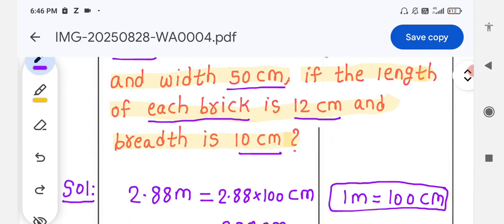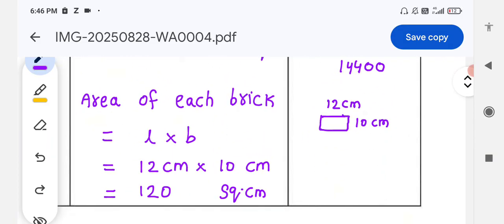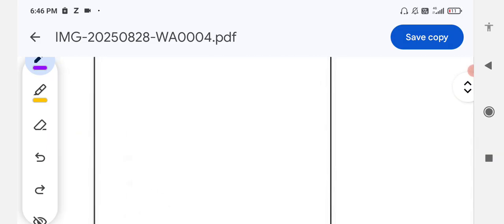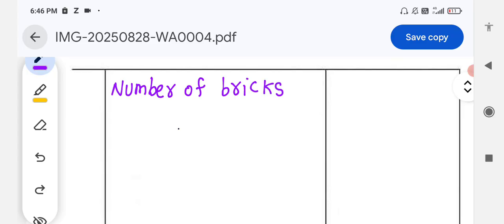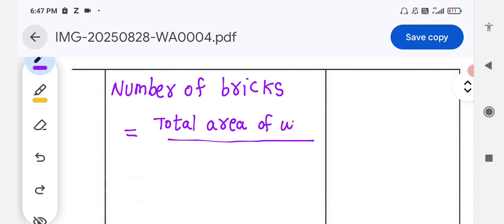We need to find how many bricks are needed. The number of bricks will be equal to the total area of the wall divided by the area of each brick.